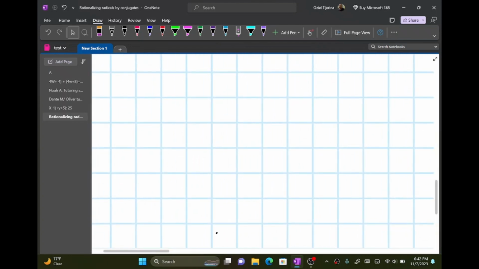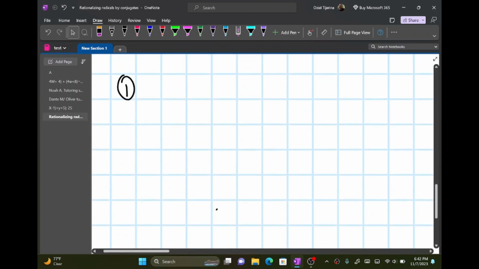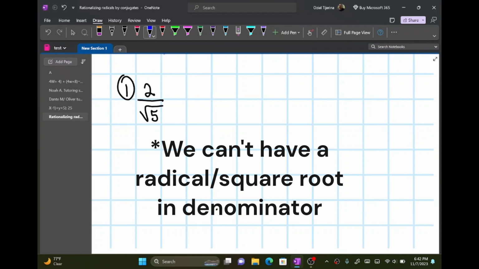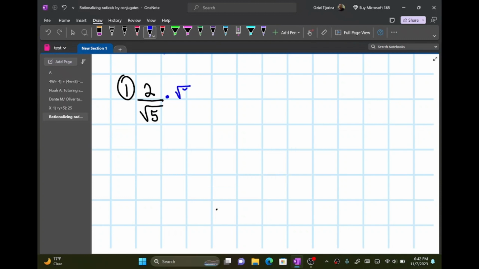The first one that I have here is 2 over square root of 5, and obviously we know that we can't have a radical in the denominator, so we're just gonna go ahead and multiply by the square root of 5 on top and bottom, and then this will give us 2 square root 5 all over 5.